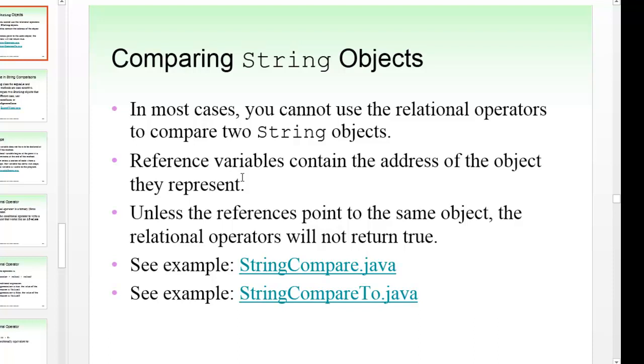If those addresses are not the same, then they will not be equal, regardless of whether the value of the string is the same. If they both contain the name John, they will not necessarily return true if you use the double equal sign, the equality comparison operator.